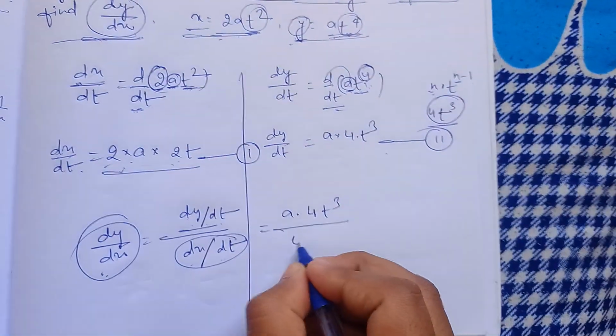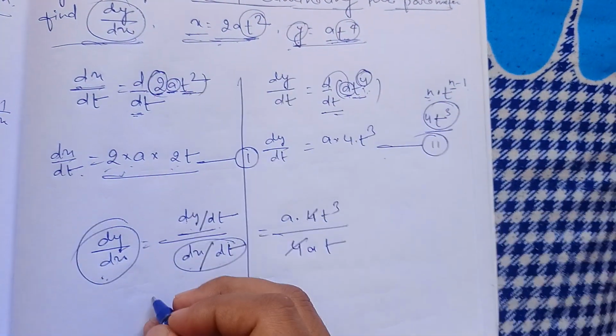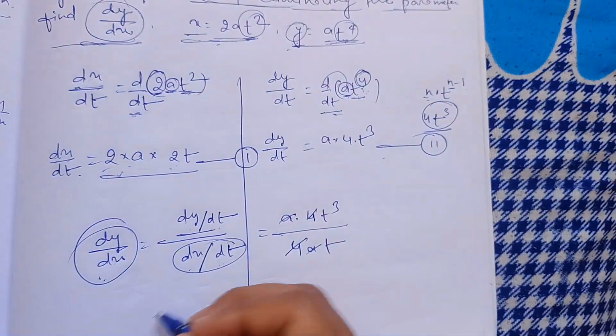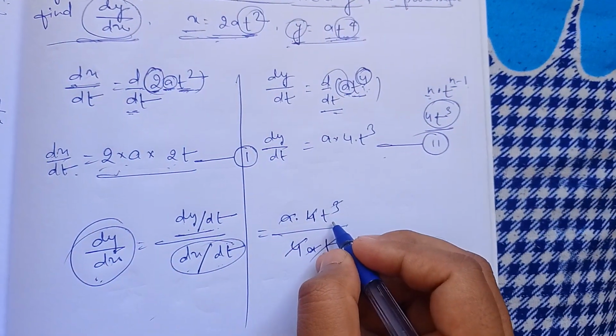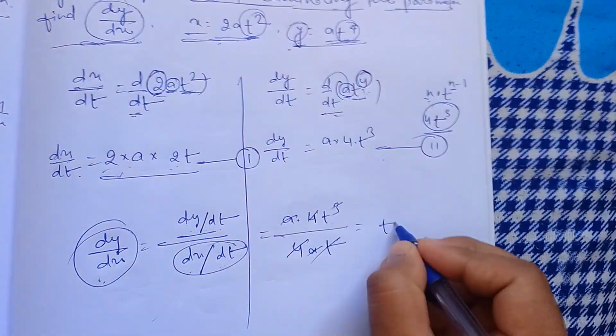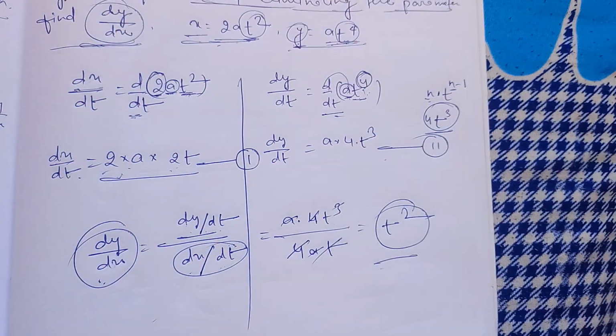The 4 will cancel, a will cancel, and t cubed divided by t gives t squared. This will be the answer.